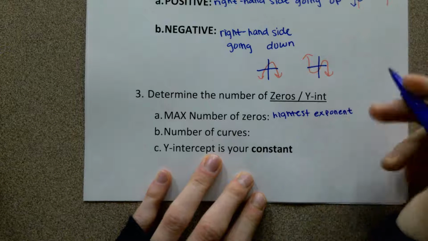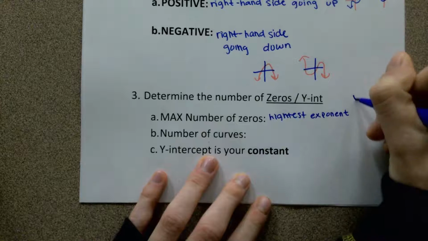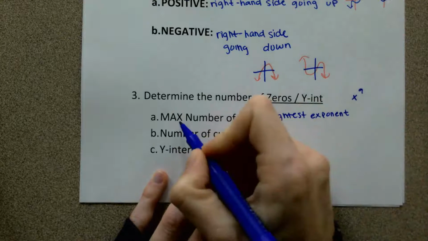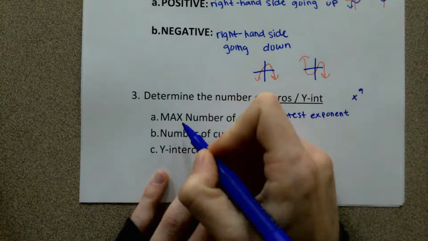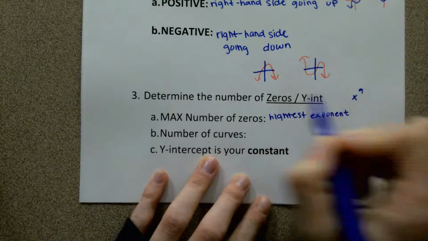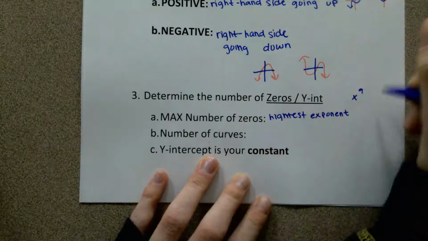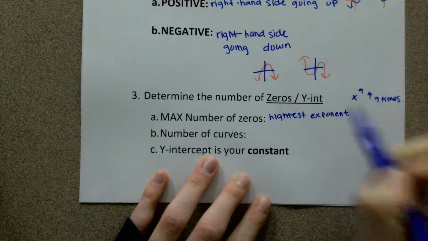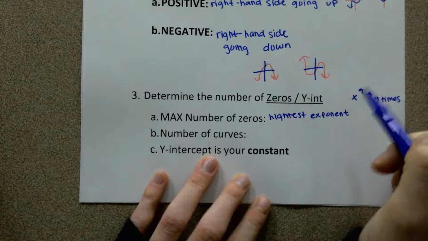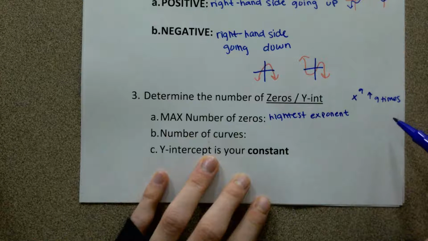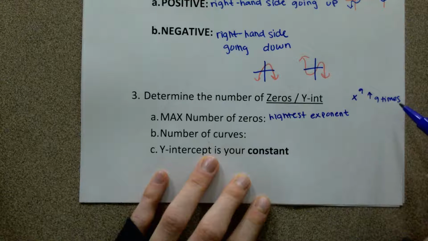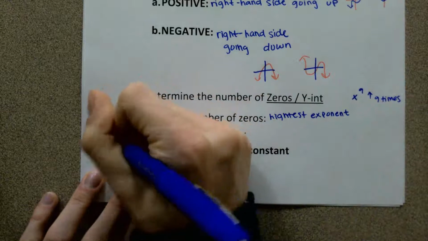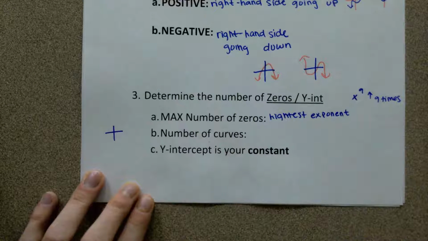So if our highest exponent is x to the 9th, then the maximum number of times that our graph can cross my x-axis is 9 times. Okay, it can cross less, but the maximum number of times that it crosses is going to be 9.